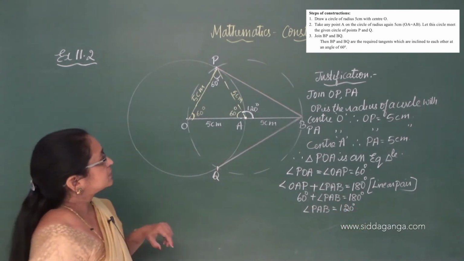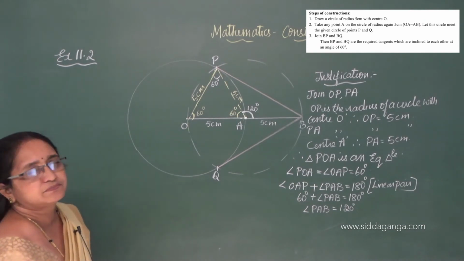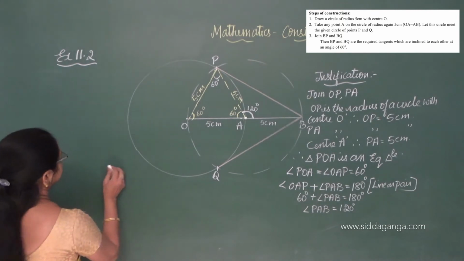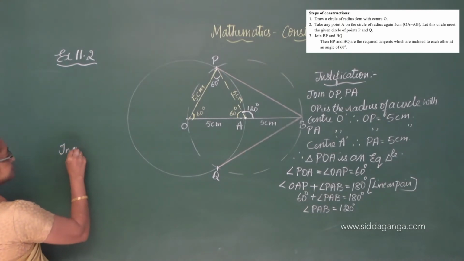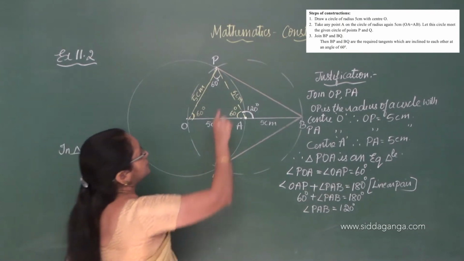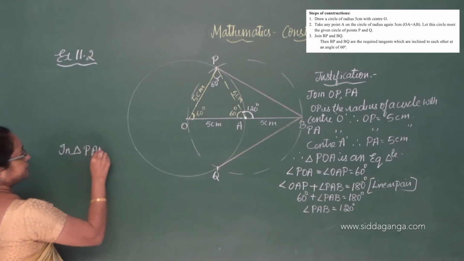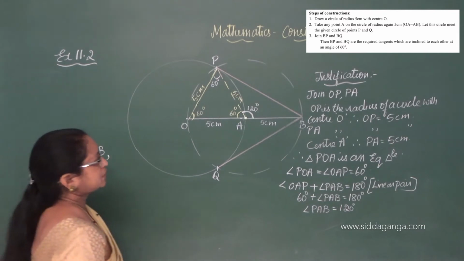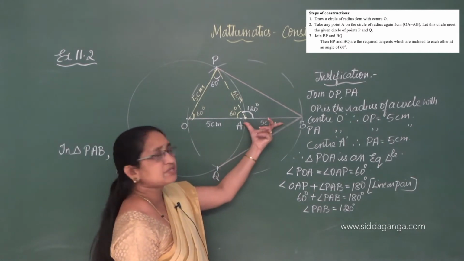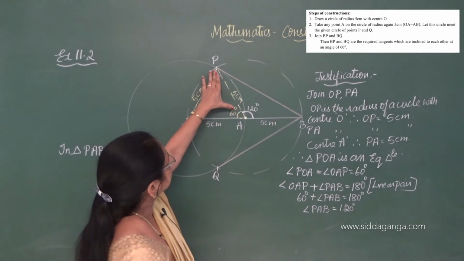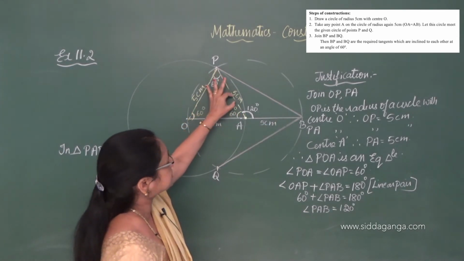Okay, now the next what you have to do? Now just observe. So I'll continue here. So in triangle PAB, now see here, AB is equal to how much? 5 centimeter and PA is also 5 centimeter.